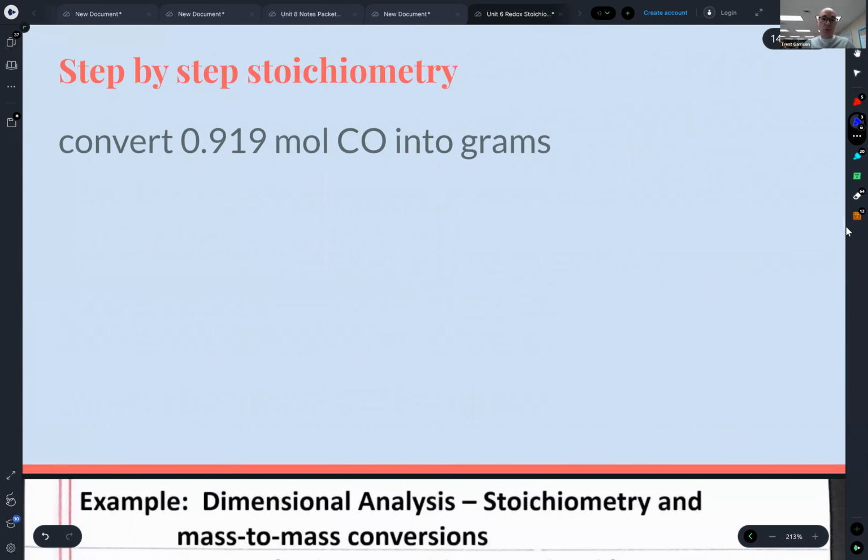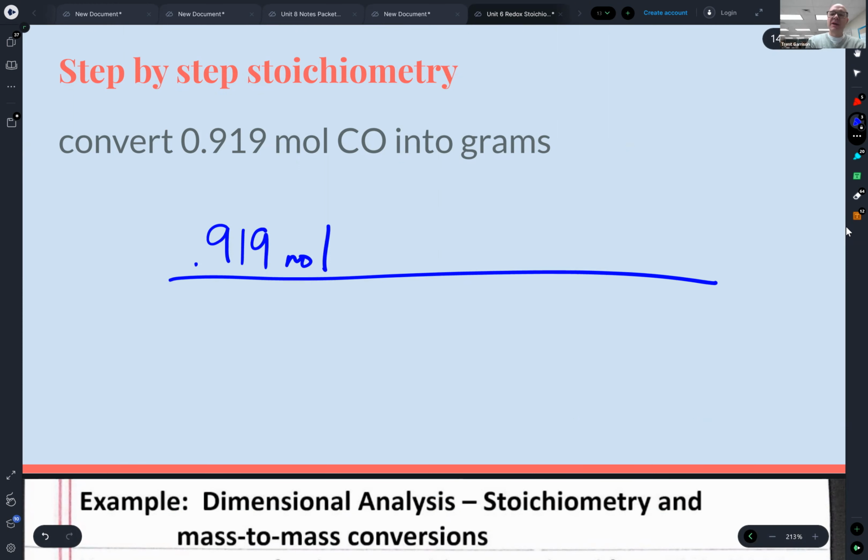What if I have, coincidentally, 0.919 moles of CO, and I want to convert this into grams? So what do I do? Well, I look up their weights on the periodic table, and I remember that to convert moles into grams, I need to multiply.